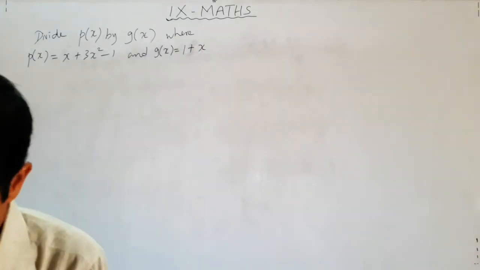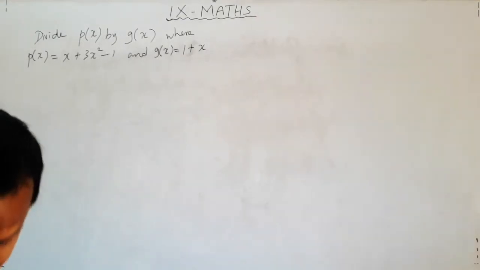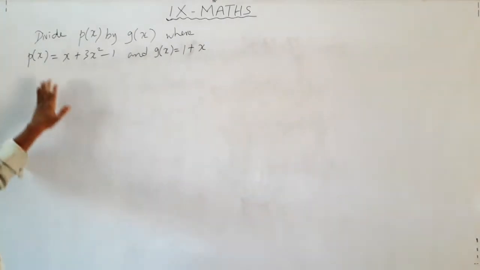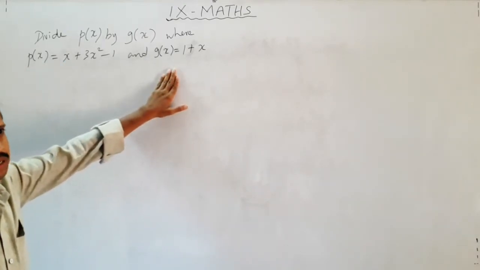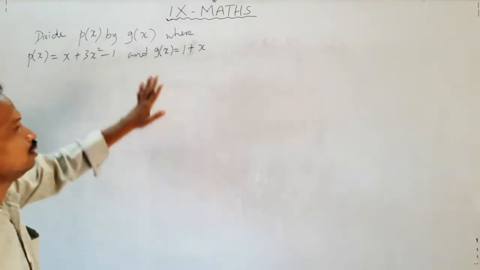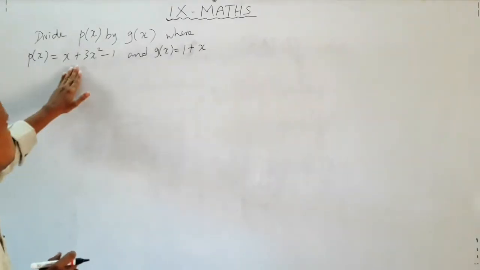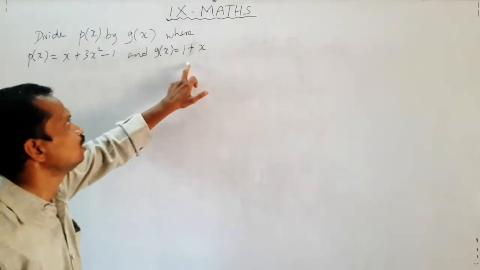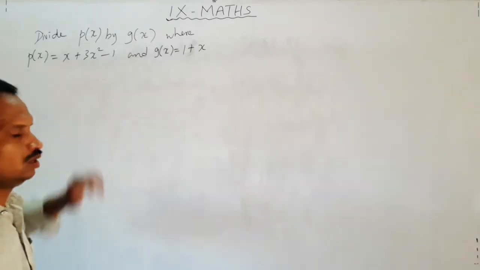Let us see what will happen here. When we divide a polynomial by another polynomial, p of x, g of x, they are named like that. They are in the same variable x but are different polynomials. How many terms do you see? 1, 2, 3. A 3-term polynomial, and here only a 2-term polynomial. Which is greater?